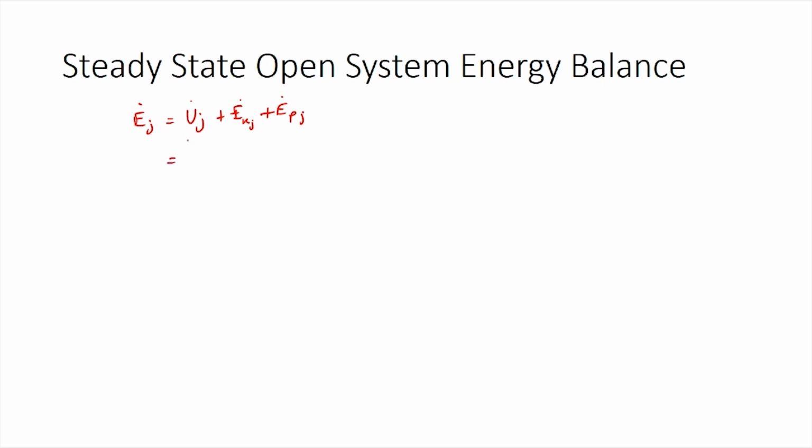Now, converting them to specific internal energy, kinetic energy and potential energy, this equation will become m dot times Uj cap plus Uj squared divided by 2 plus g zj, where Uj cap is the specific internal energy, uj is the velocity of component j, and zj is the height at which the component j is present. So, this is your total energy of the component j.